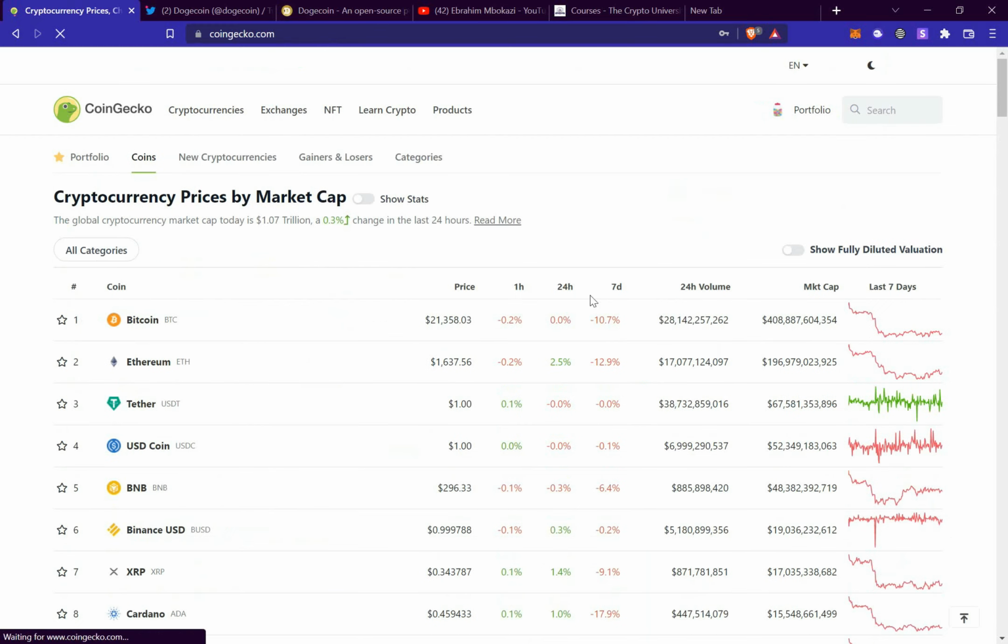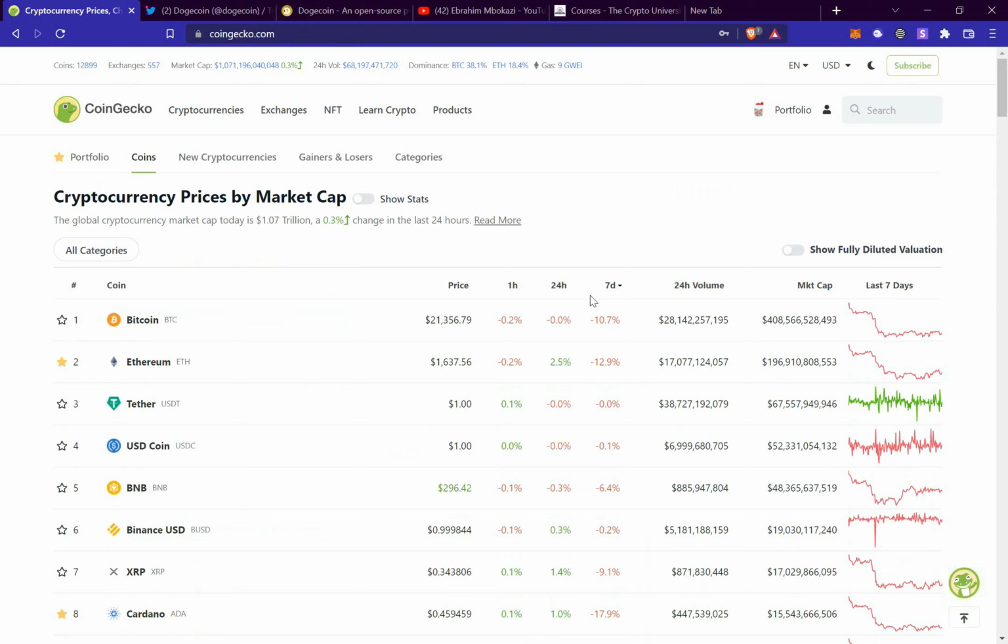let's just say you are looking for a crypto exchange and you don't know which crypto exchange is the best for you, or which is trusted the most. As you can see over here, we have crypto exchanges which are centralized, and we have decentralized exchanges. You can click on crypto exchanges.